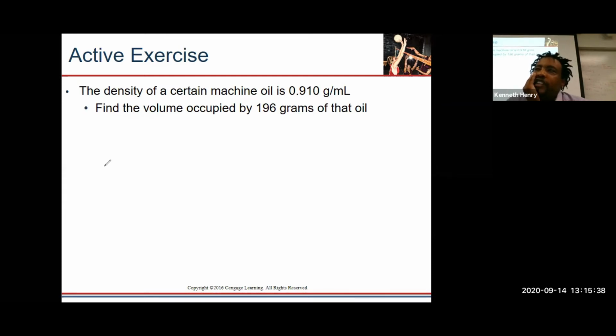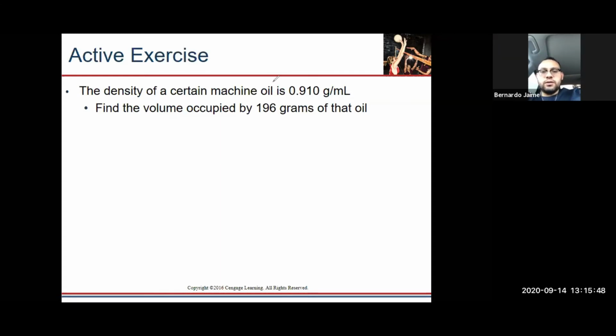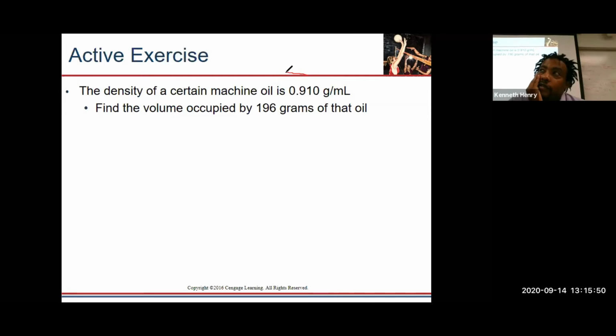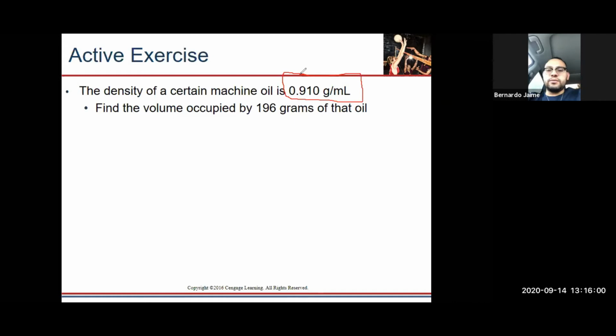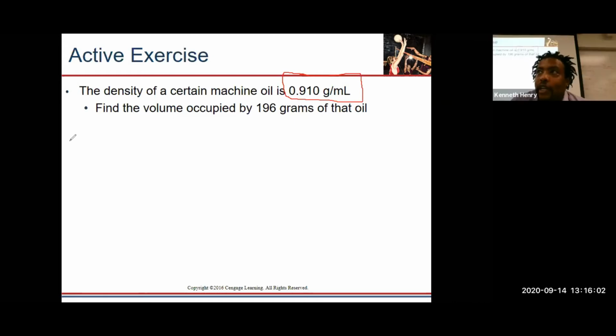What would you say is our given? The grams to milliliter. So you're saying this is our given? Or would that be more of a conversion or an equivalency? Oh, so it's 196 grams. Okay, so let's start off with what our given is, 196 grams.